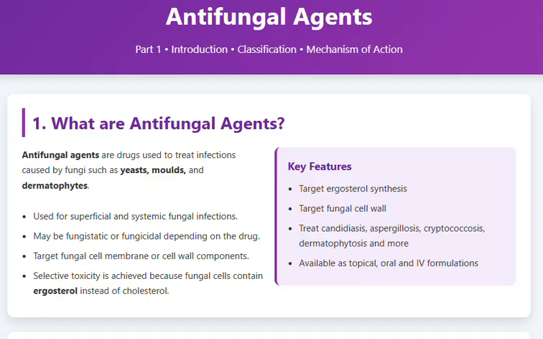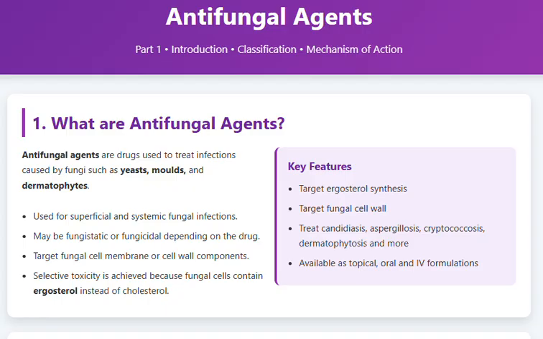Before we study the drugs, let's first understand what fungi actually are. Fungi are eukaryotic microorganisms. Unlike bacteria, fungi possess a true nucleus and membrane-bound organelles. This makes them much more similar to human cells. Because fungi resemble our own cells, developing medicines against them is much more difficult than developing antibiotics.